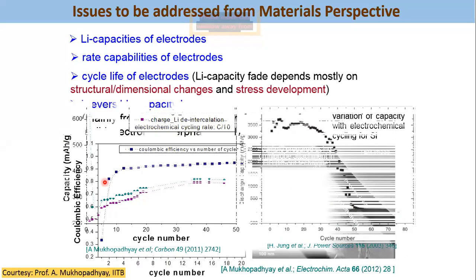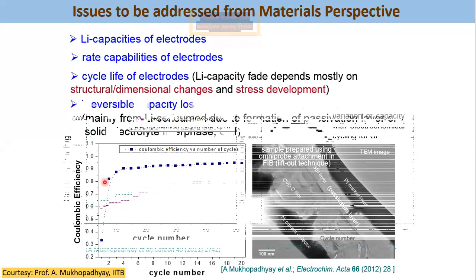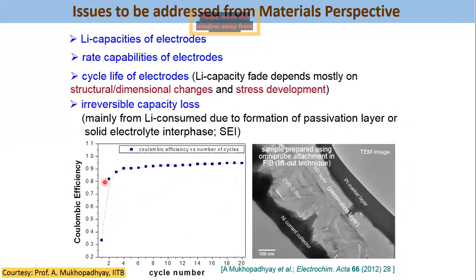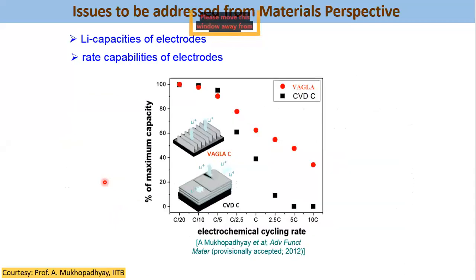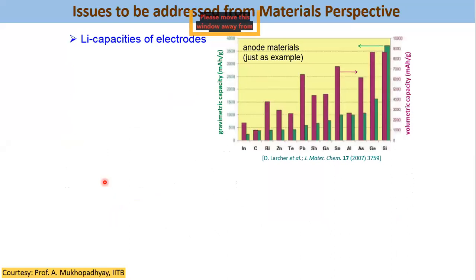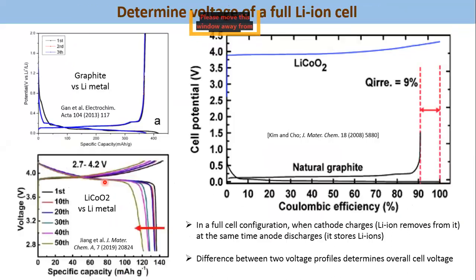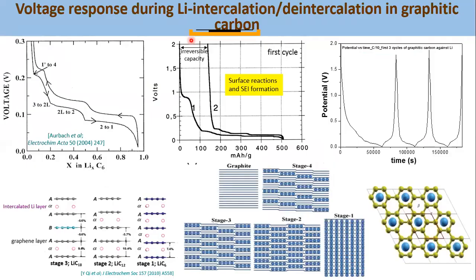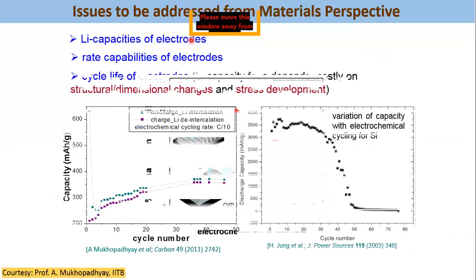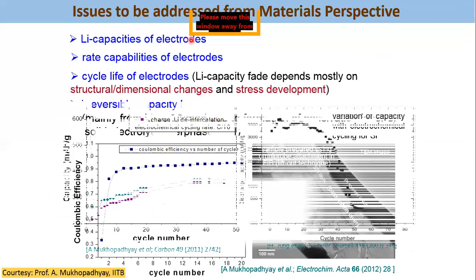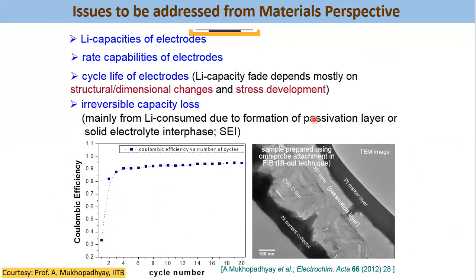Another issue with these electrode materials is the irreversible capacity loss. As I already told in the previous example, this difference between the lithiation capacity and delithiation capacity is due to the SEI layer formation. This is one of the reasons the capacity of the material will be degraded, and everyone wants high Coulombic efficiency.